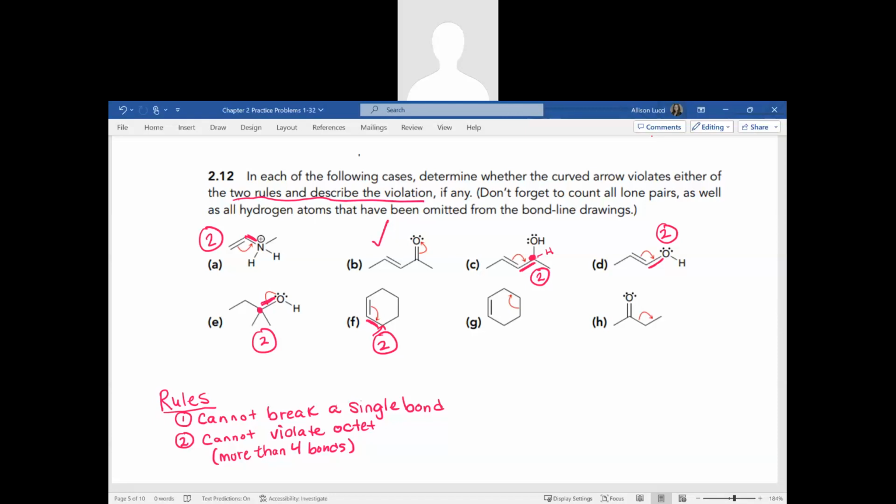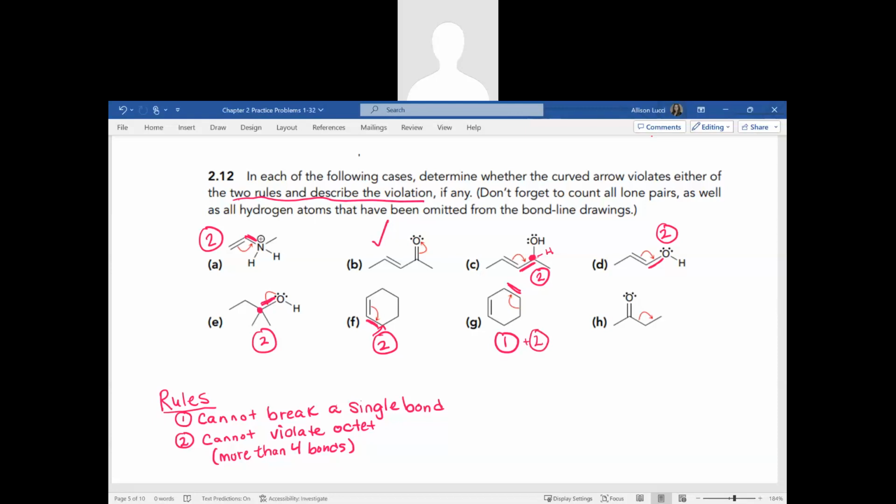And then let's see, we have G here for the first time. This is now rule number 1. We would break a single bond here, right? And we would also at the same time be giving 5 bonds to the carbon atom over there, right? If we move those electrons. So we would violate rule 1 and 2 actually here.